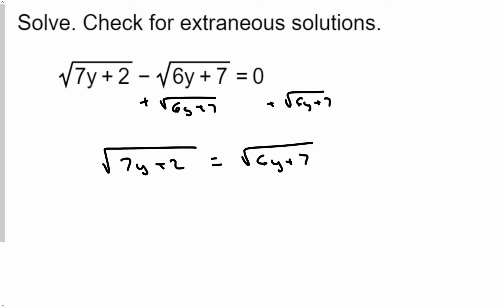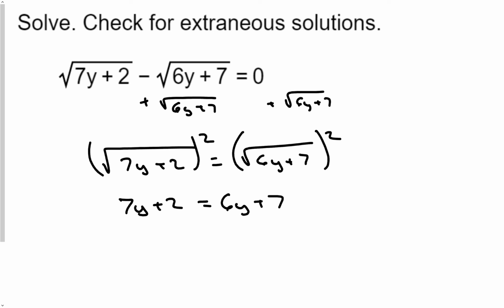Now this is great because when I square both sides, these are both monomials. There's one thing on each side of this equation, just the radical. So when I square a square root, it just goes away, and we have 6y plus 7.